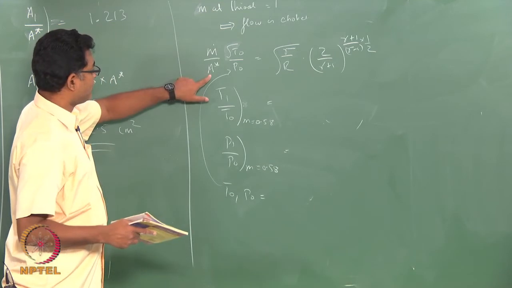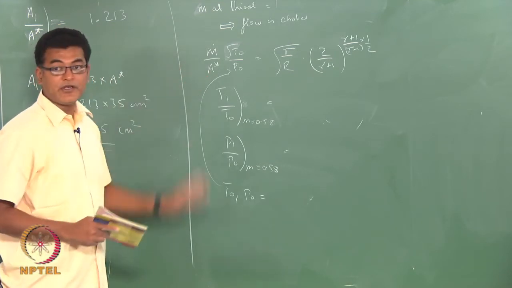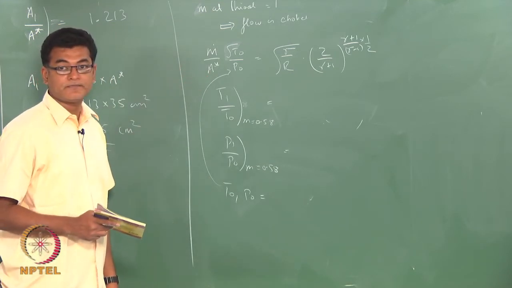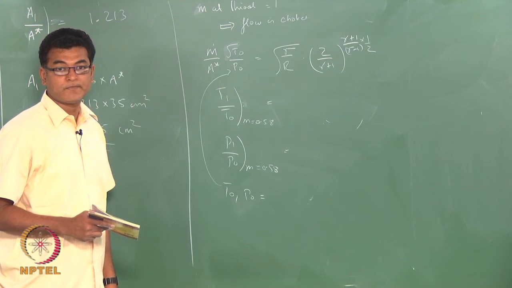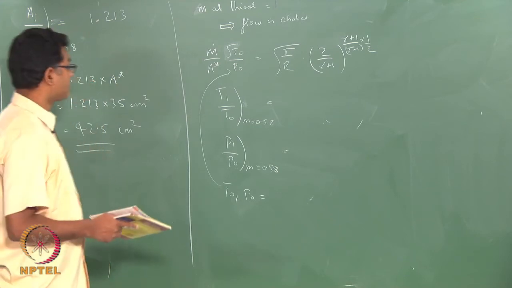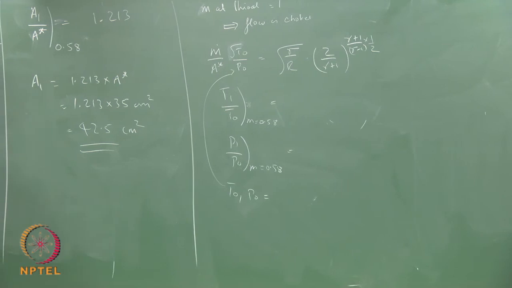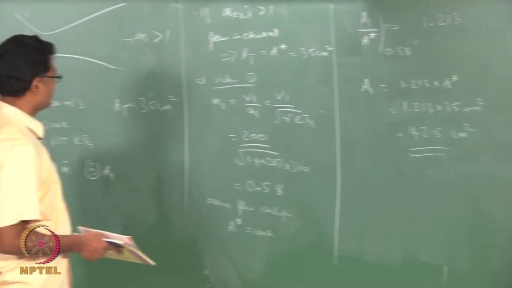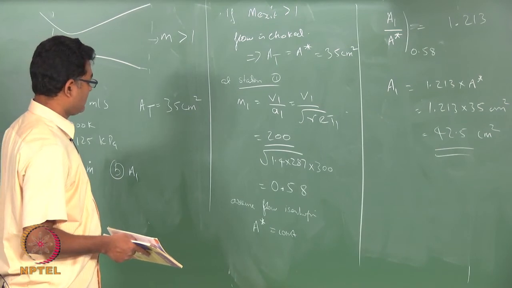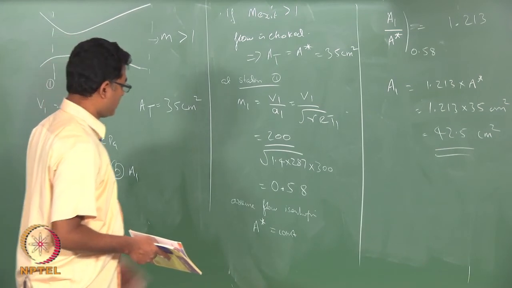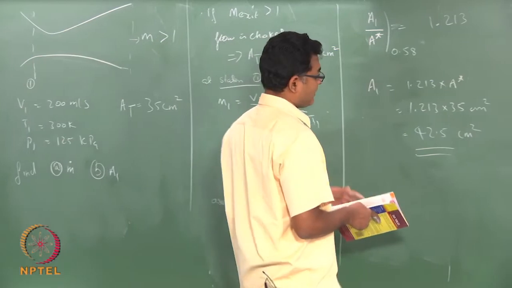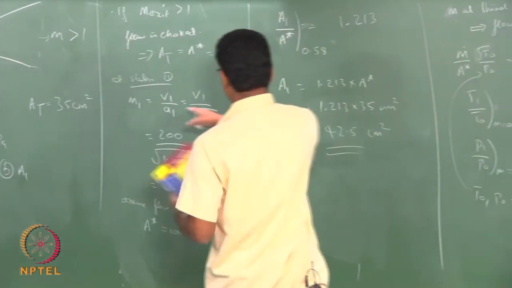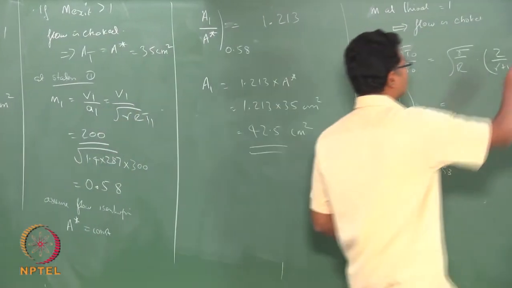A star is already known, so you can find your m dot. Okay, you can also find it from the throat value or from the inlet value.